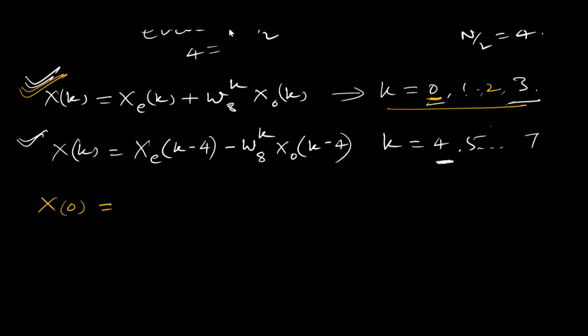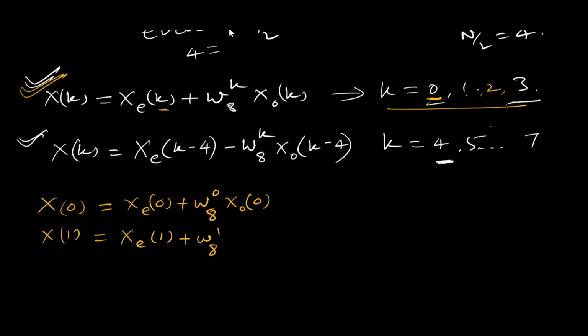X0 will be, just replace k with 0, X even of 0 plus W8 to the power 0 times X odd of 0. That is the first one. Then for X1 it will be X even of 1 plus W8 to the power 1 times X odd of 1, where o means odd.